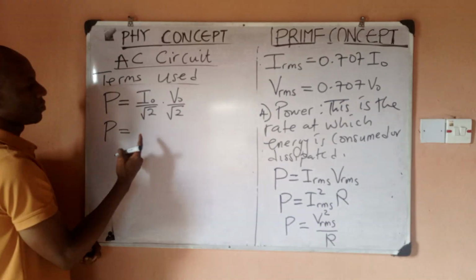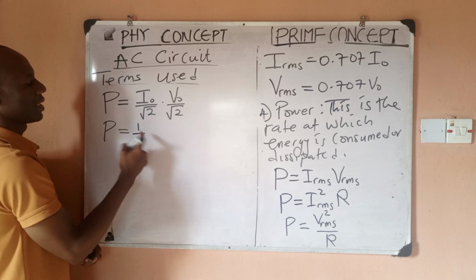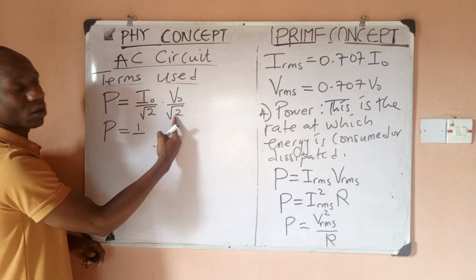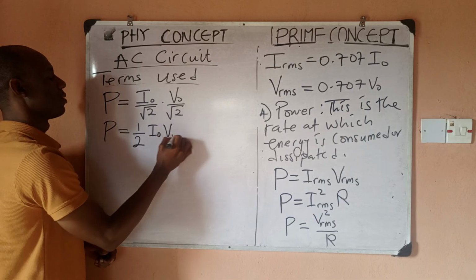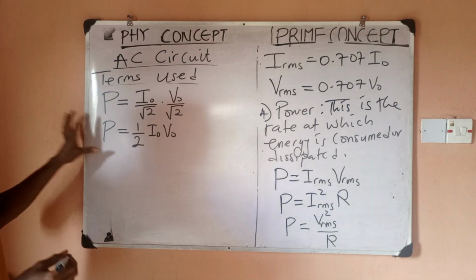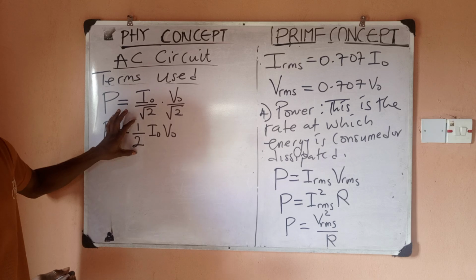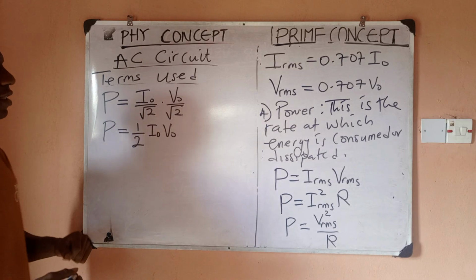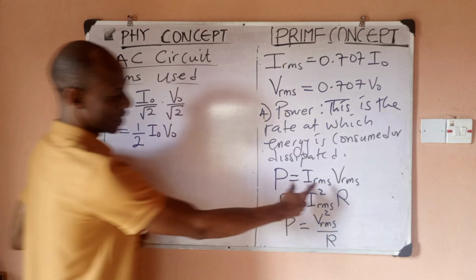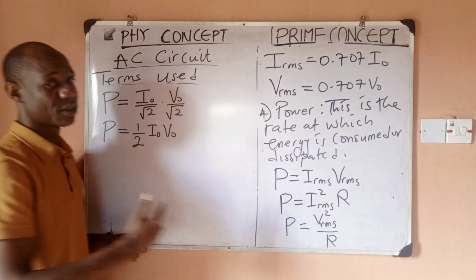So that when I solve this, I have 1 divided by root 2 times root 2. What will it give us? To give us 2. Then I have I naught V naught. So this is what I have. In terms of peak value, there would always be a constant multiple, which is half, multiplying that product. In terms of RMS, there is no constant multiplying.